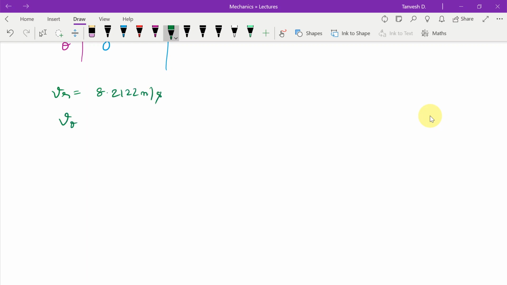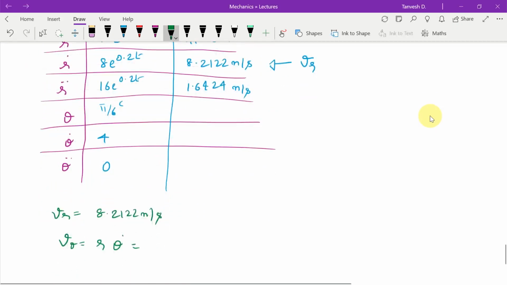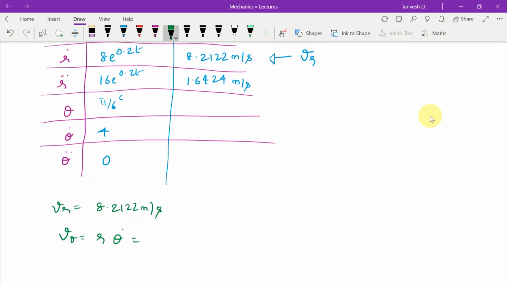V theta is r into theta dot, which is 41.0610 into theta dot, which is 4, equal to 164.2441 meters per second, and total velocity will be equal to the square root of VR squared plus V theta squared, which is 164.4493 meters per second.